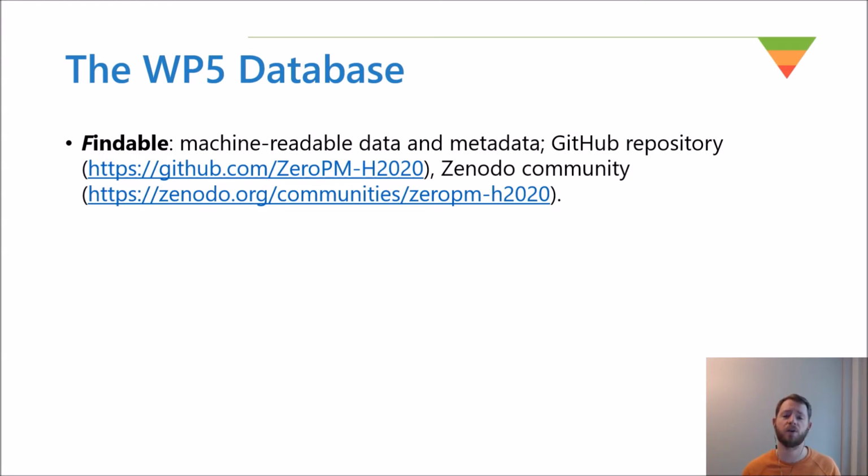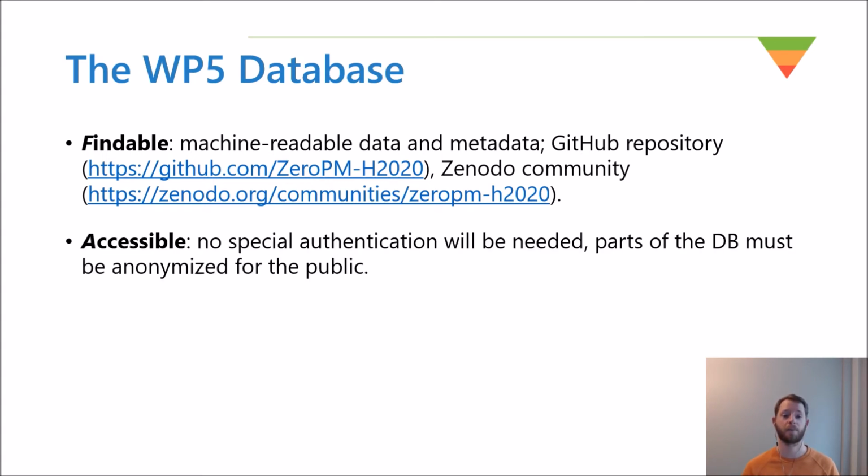But we also have a GitHub repository where we share all our code, publicly available, open access, and we have a Zenodo community for our data sets and other deliverables. You see the links on the screen. They are already actively used, so I urge you to check them out.